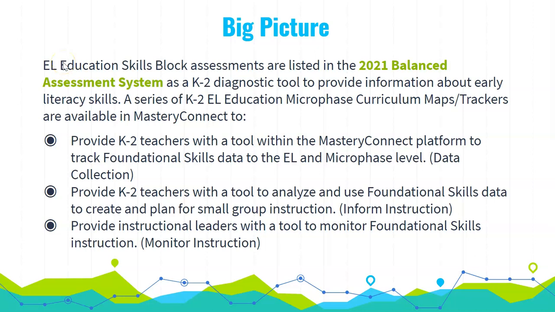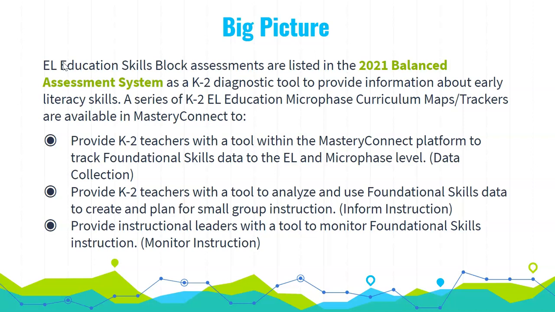Let's get started by looking at the big picture. We know that the EL skills block assessments are listed in the 2021 Balanced Assessment System as a K-2 diagnostic tool to provide information about early literacy skills. We have created a series of EL microphase curriculum maps and trackers in MasteryConnect because we want to be able to provide teachers with a tool within MasteryConnect to track foundational skills.